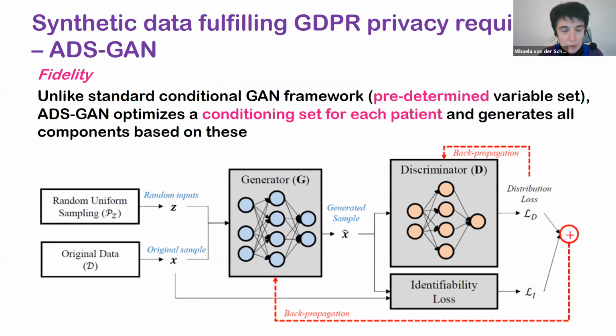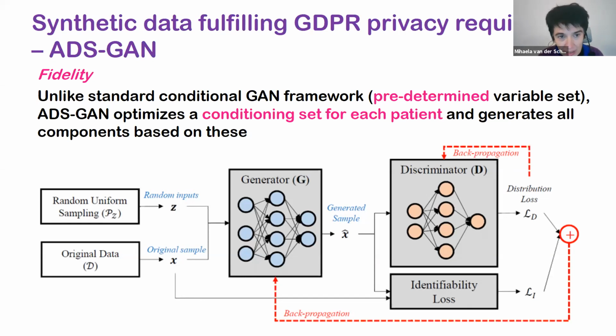So first, to ensure fidelity, unlike the standard conditional GAN networks, which are conditioning on a set of predetermined variables, in our work, ADS-GAN, we are optimizing a conditioning set for each patient. So we are going to condition on a different set of features for each patient when generating the data.